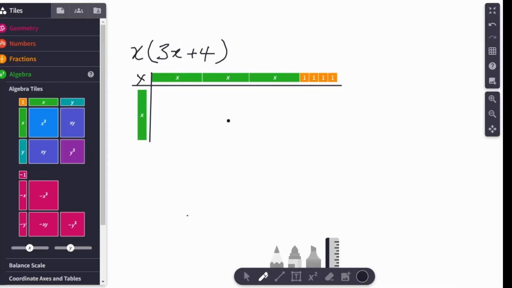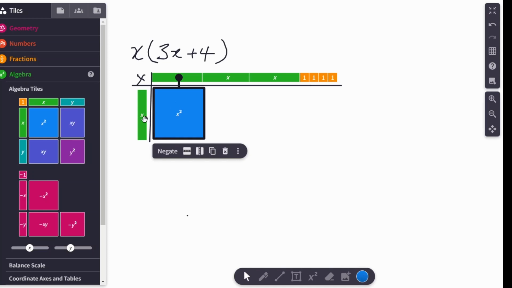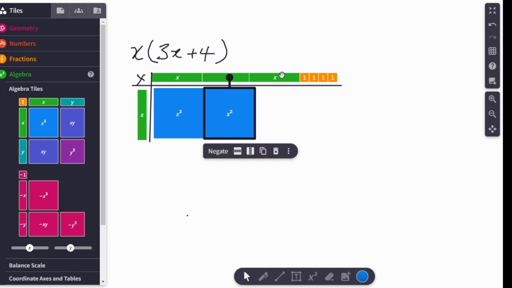Right, so this is a representation of our expression, this x and this 3x plus 4 here. So we're just going to do the multiplication again. x times x is going to give us x squared. Then this x times x is giving us x squared again. Then this x times x again gives us x squared.